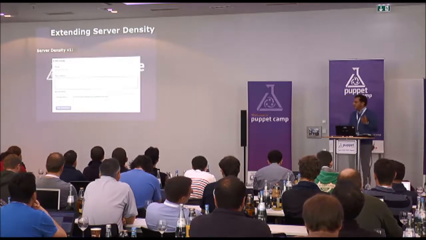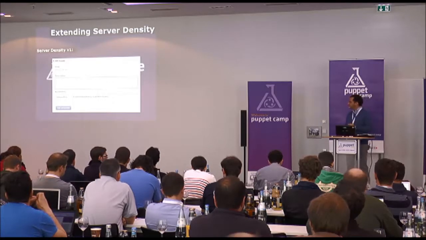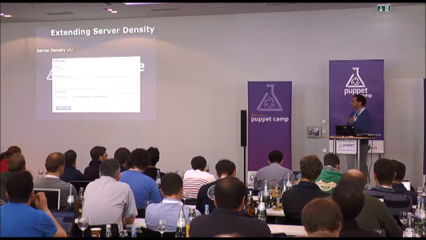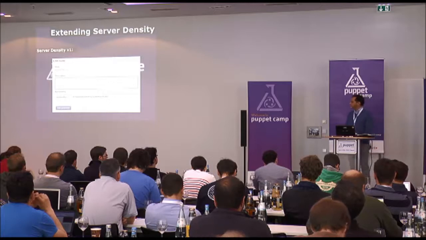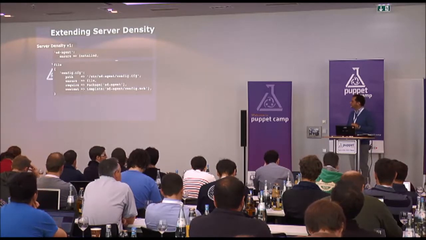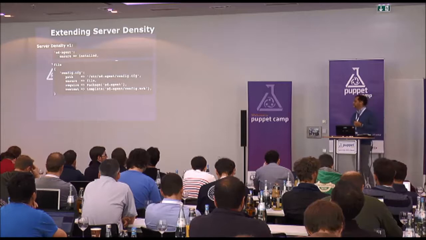We integrated with Puppet before, on what we call Server Density version 1, where you had a handwritten manifest, nothing integrated with the Forge, and then you just type in the agent key on the node that you wanted, and then it would generate a configuration like that. You use a template like that to generate the agent configuration file.